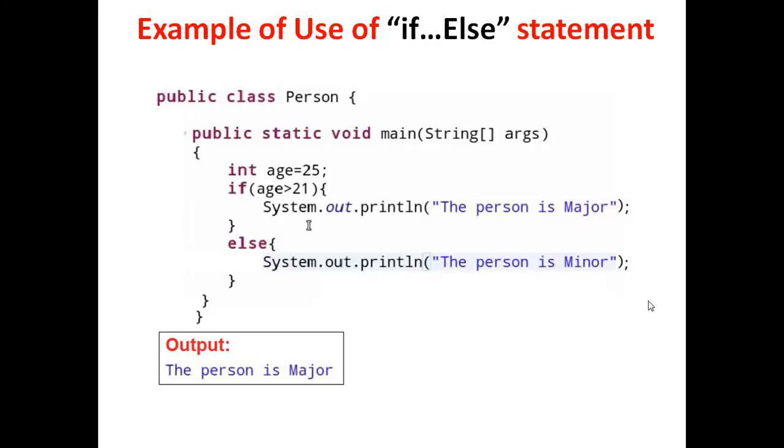If the age is less than 21, then the else part will be executed. But here, as we have declared that age is 25, the first condition, age is greater than 21, is true. Hence this code will be executed, that is, System.out.println will print the person is major. Hence we get the output as the person is major.